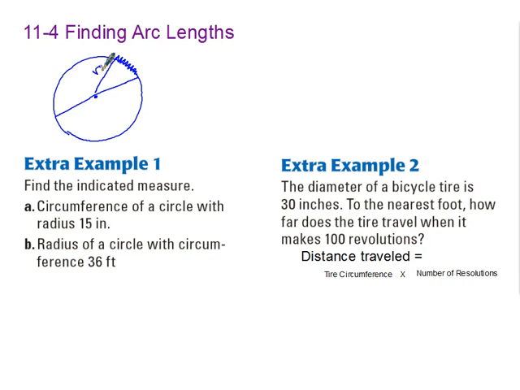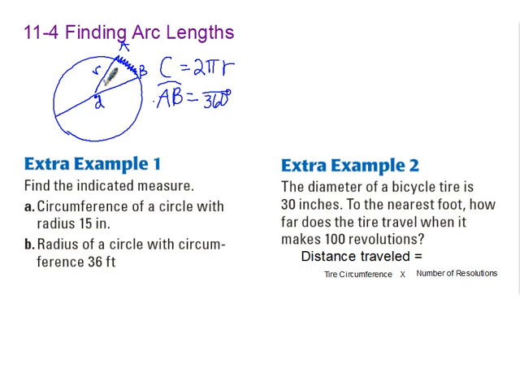So this is the radius, this is the diameter, and we say that the circumference is 2 pi r. If we label this A and we label this B, the arc length AB is equal to a part of the circle, a fractional part over 360 degrees.